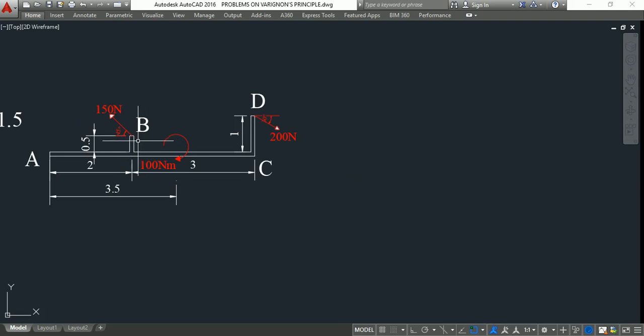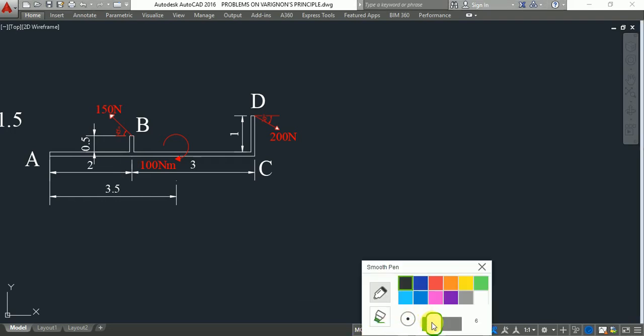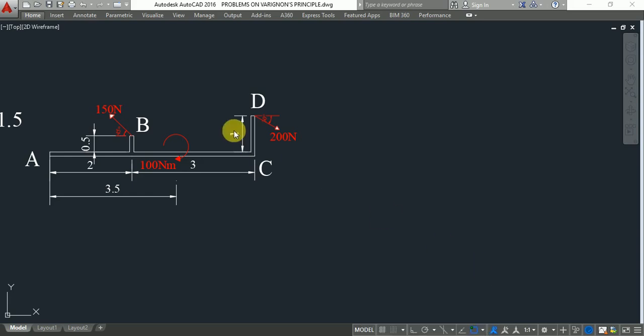So what are the steps involved? Let us list out the steps involved in the calculation of these VARIGNON'S principle problems. Step number 1: if there are any forces to be resolved into horizontal and vertical components, we resolve them.